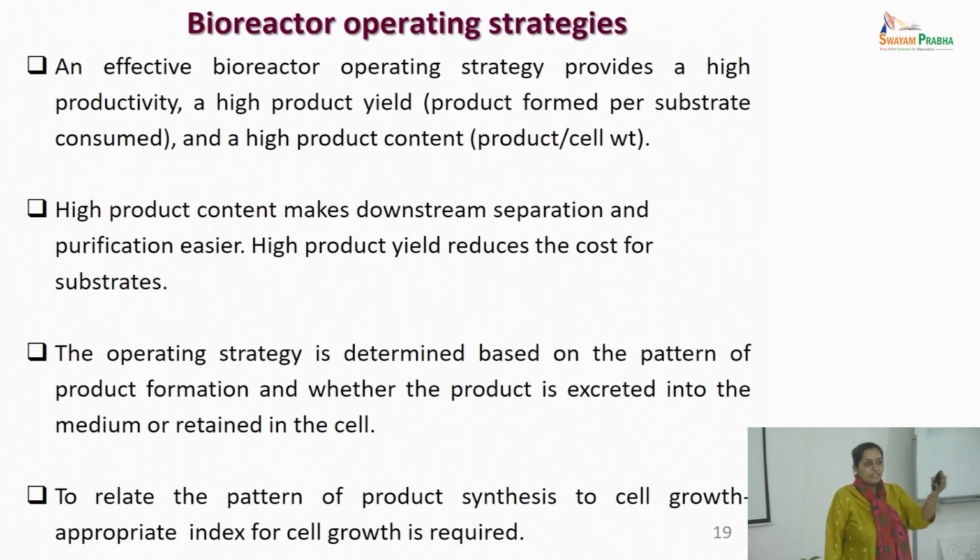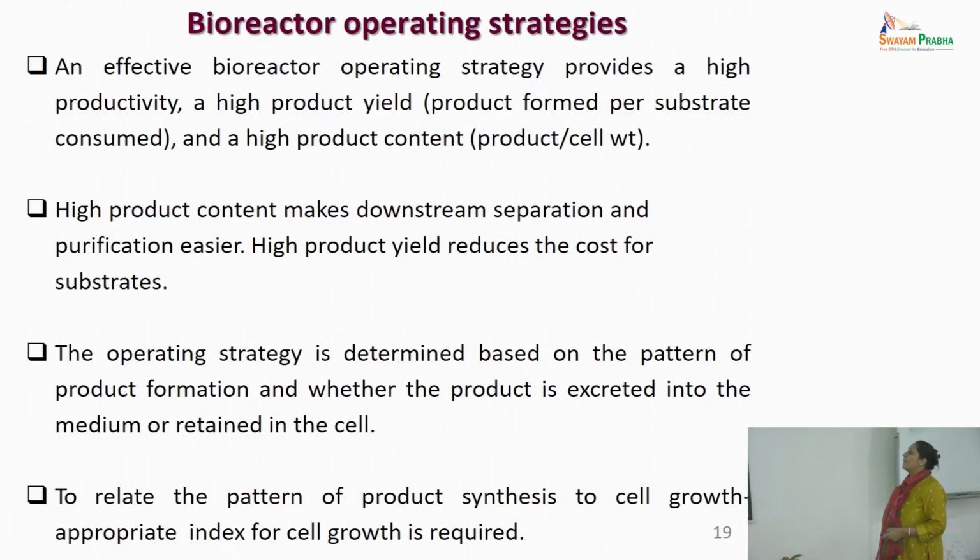Product content I have been mentioning in plant cell technology. It means YP by X, which means the amount of product produced per unit biomass produced. So generally, this is the terminology used in industry. If I say product yield, it will be product formed per unit substrate consumed.